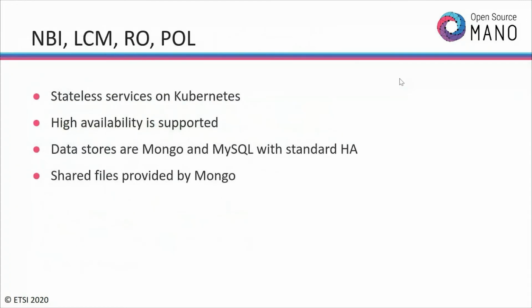Going into the first subject, the OSM components, we did an investigation of what the state of the art is on all the OSM components. These four, NBI, LCM, RO, and POL, are running as stateless services on Kubernetes. They already support high availability.